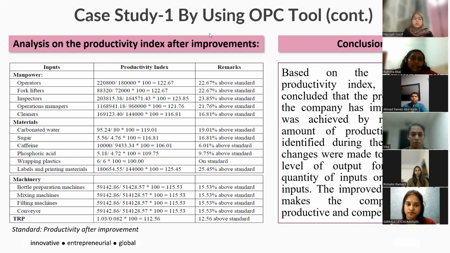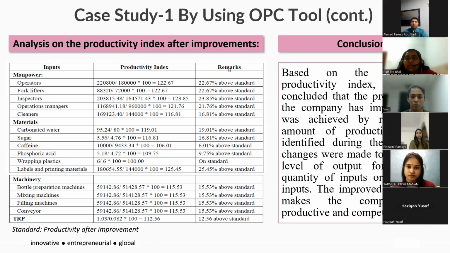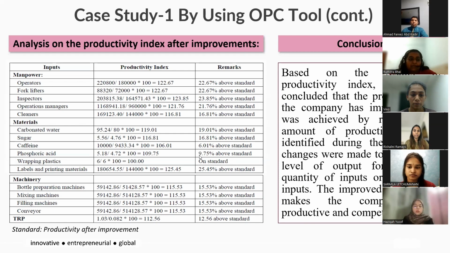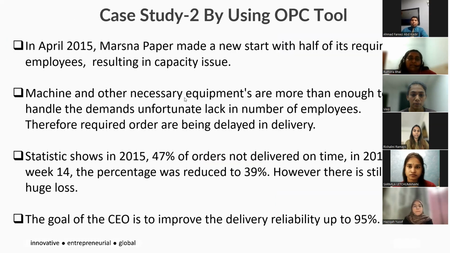From here, they calculated the productivity index, which shows that all of the calculated values increased from the values before the improvements were made, except for one thing, which is the wrapping plastic, which is constant. The total resource productivity also increased. So I will pass it to Vino for the second case study presentation.